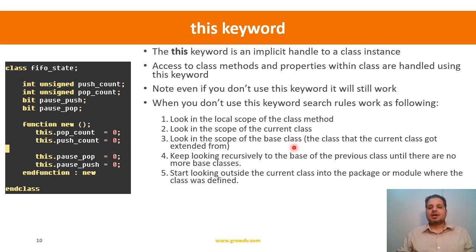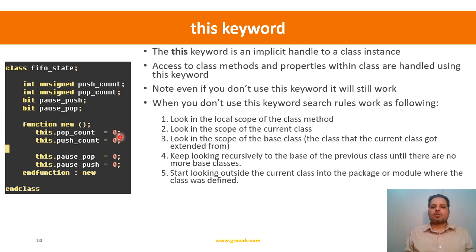We will see the concept of inheritance when we do extends. So it will look at this variable in the base class, and there could be multiple levels of inheritance, so I can extend from one class to another, like base 2 extending base 1, and then base 3 extending base 2, and so on.